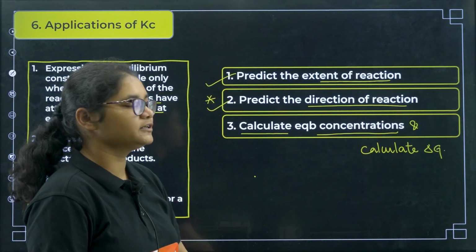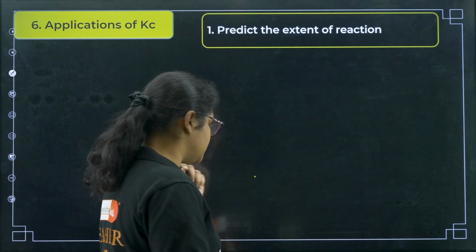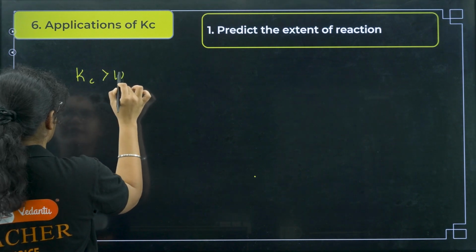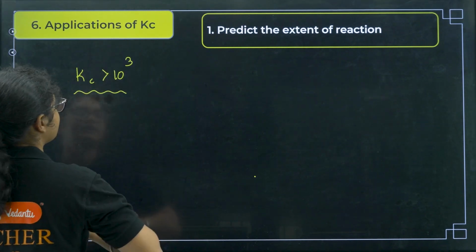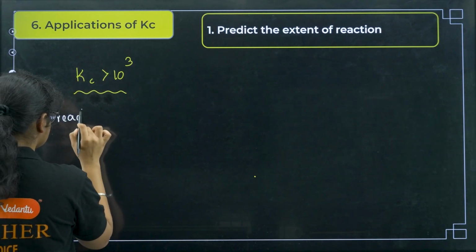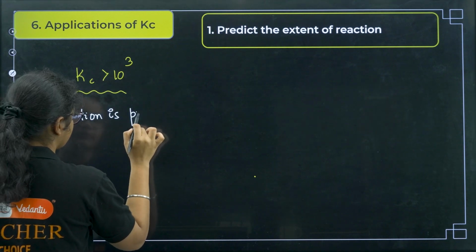Let us move towards the first application, that is predicting the extent of reaction. Now here, if the K value is greater than 10 to the power of 3, that means the reaction is product favored.